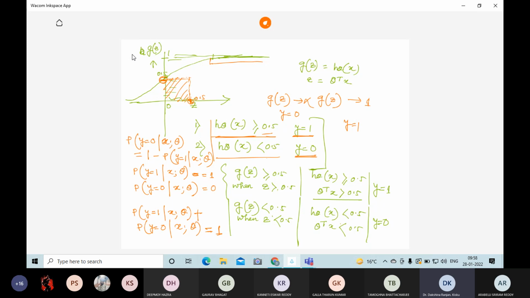Or if we have these probability values on the given observation x with model parameter theta, then probability of y equals 1 given x plus probability of y equals 0 given x would be 1. And from this representation, the probability of 0 given x becomes 1 minus probability of y equals 1 given x parameterized by model parameter theta.